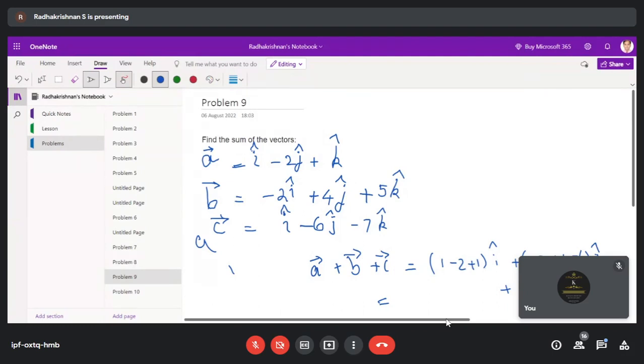Then minus 2 plus 4 minus 6, so this becomes minus 4 j cap. Then 1 plus 5 minus 7, this becomes minus k cap. That's it. The sum of the three vectors is given by minus 4 j cap minus k cap.